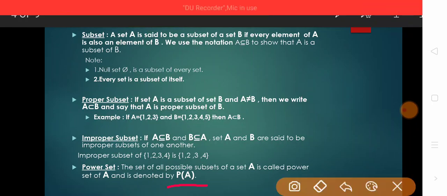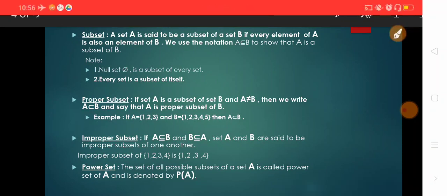P, power set of A. So what is power set? The set of all the possible subsets of set A is called power set of A. So subset is further divided.